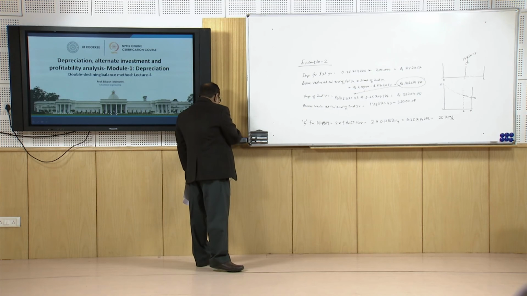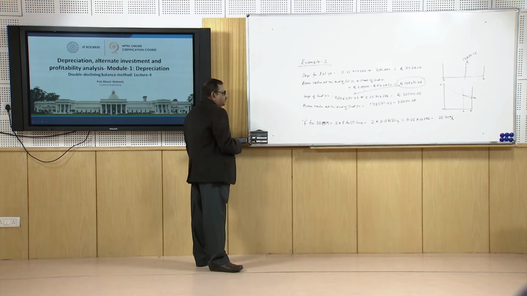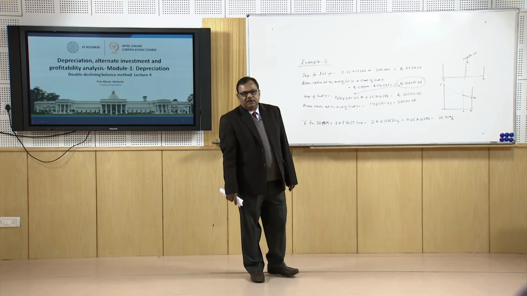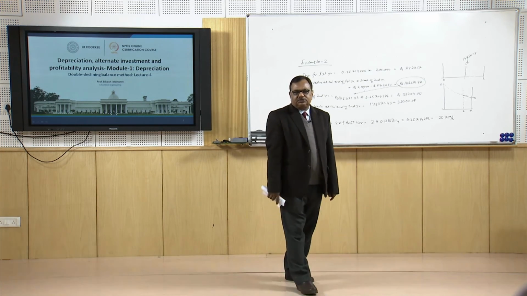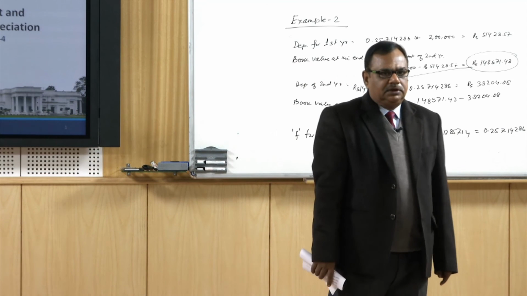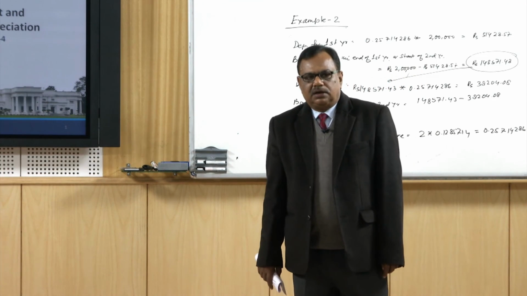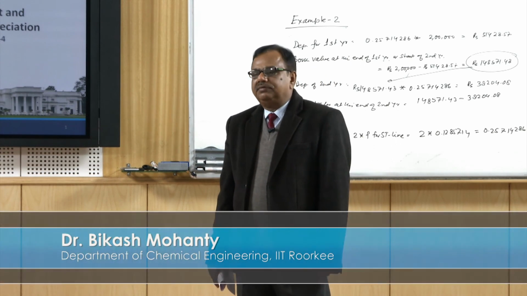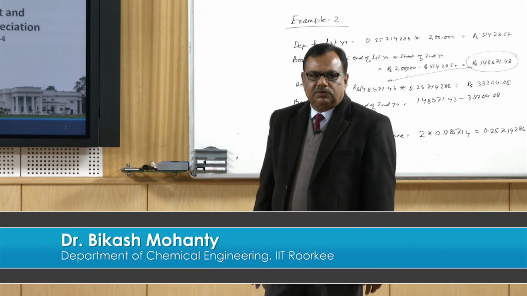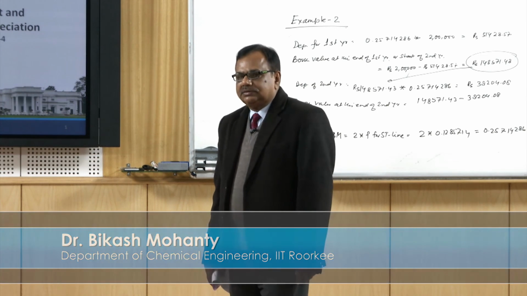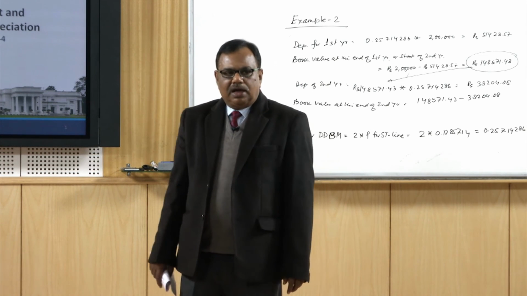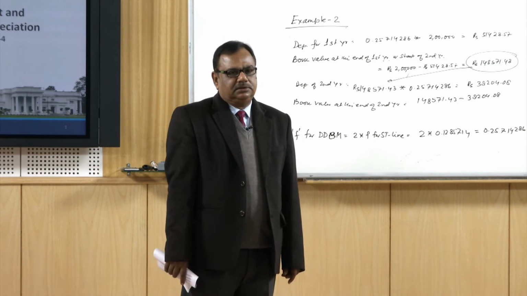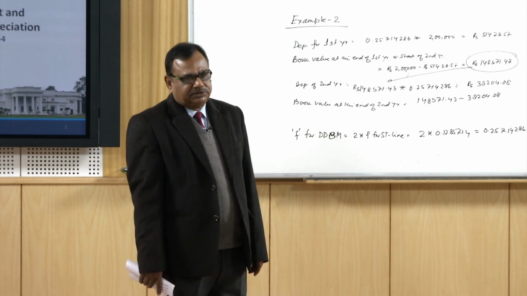Now, let us summarize the lecture. The monetary value of an asset decreases over time due to use, wear and tear. This decrease is a measure of depreciation, which we have already known, and in this lecture I have demonstrated how to use the double declining balance method for depreciation computation.